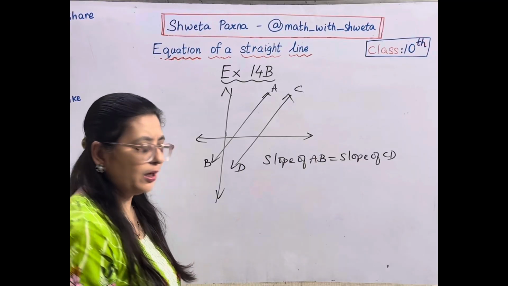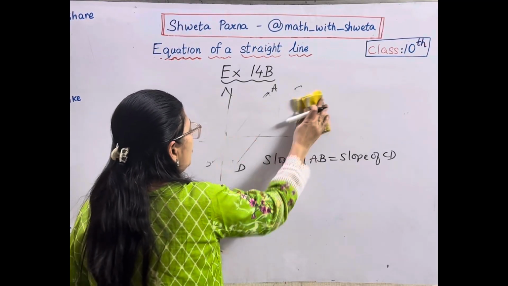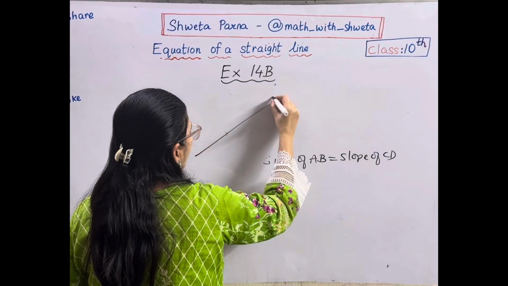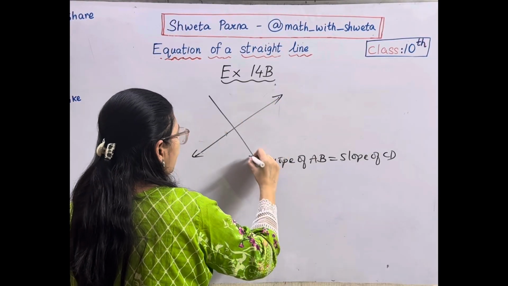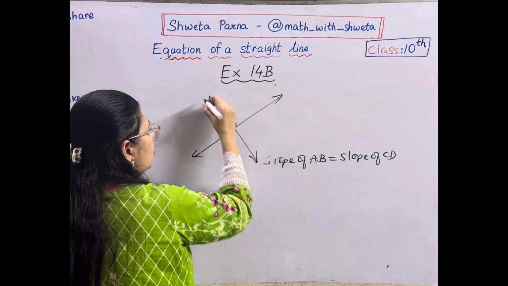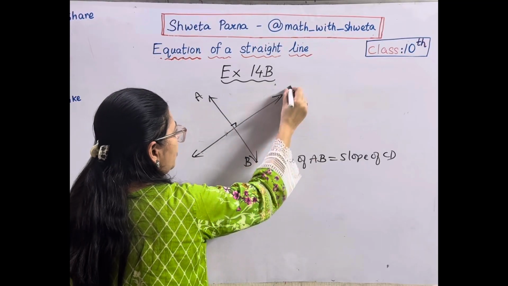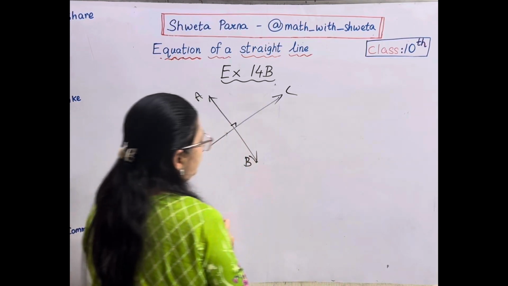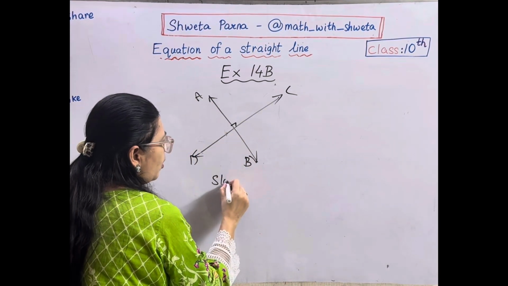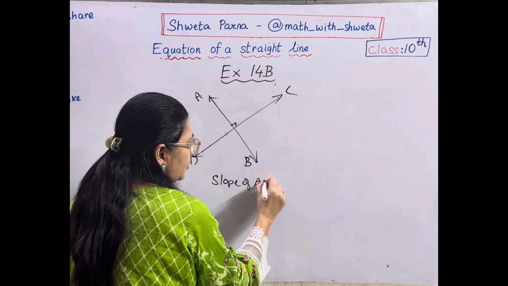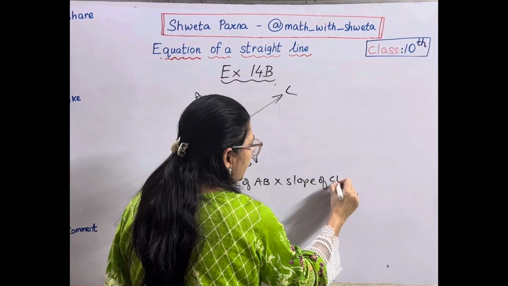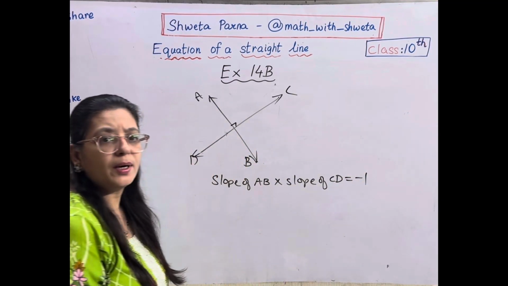Then comes perpendicular. Now, two non-vertical lines, if one line is here like this and the other line is here like this, these two lines will be said to be perpendicular to each other only if the slope of AB times the slope of CD is equal to -1.